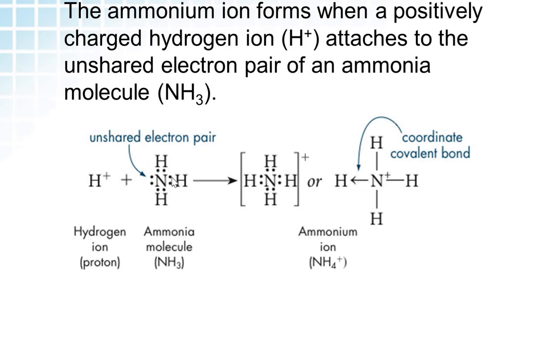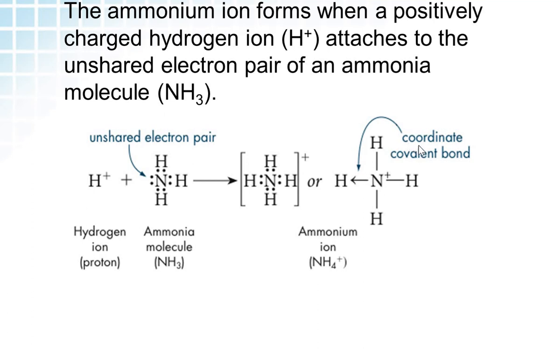One single covalent bond, another single covalent bond, and another single covalent bond. We have here 2 unshared electrons. What do we have to do? They will make a coordinate covalent bond with a hydrogen atom. A hydrogen ion is a proton here.